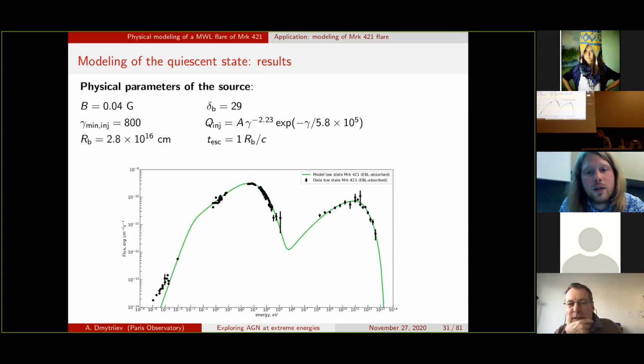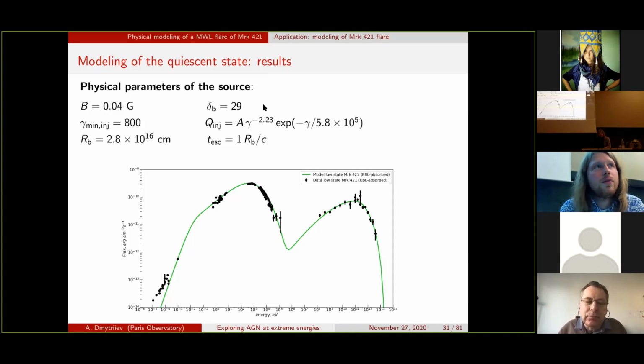How did you come to this value of 29, for instance? Sorry, can you repeat? How did you arrive at the value of 29? I was varying parameters like the Doppler factor in the range of 10 to 30.